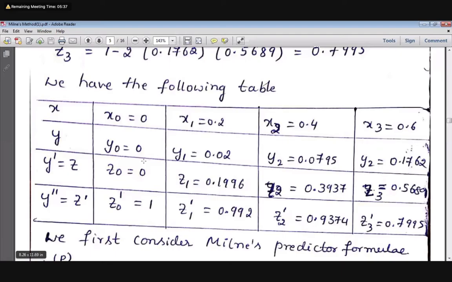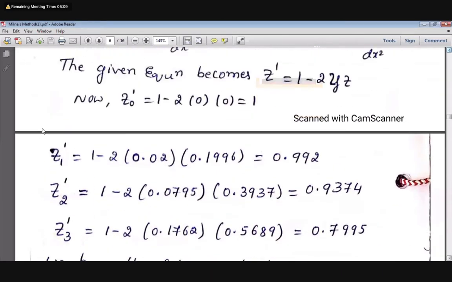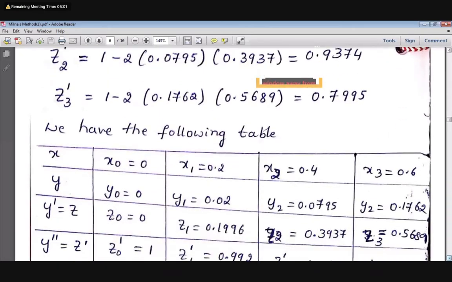Now rewrite the table. For this, you can write this table. Then just keep these values blank. Why am I telling this? In calculating z0 dash, 1 minus 2 y naught z naught, here you are writing what is y naught and what is z naught.